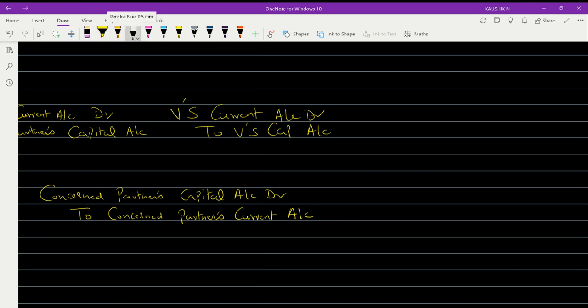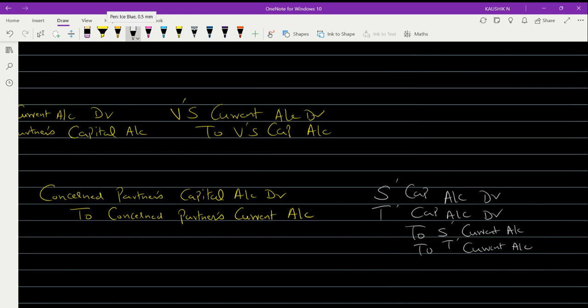So here if you see S and T, S and T's capital accounts will be debited, and S and T's current accounts are credited.